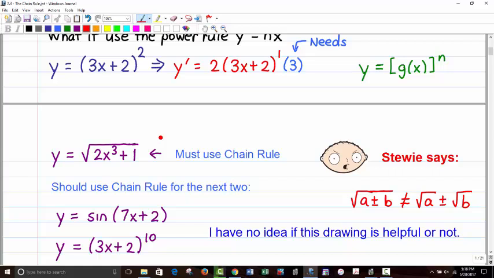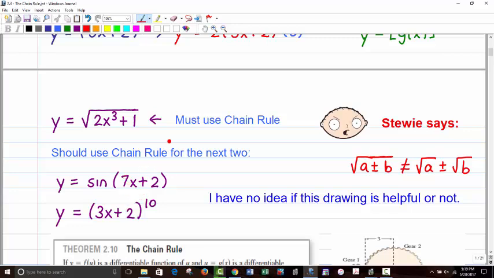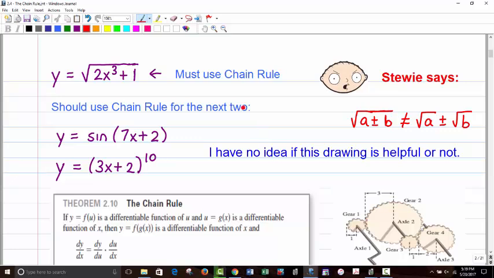That's impossible. Technically, I guess for this sine of 7x plus 2, you could use the expansion rule for sine of x plus y, but I still wouldn't do it that way. And that's why I said you should use the chain rule for these, even though you could get away without using it. But just assume that you will.